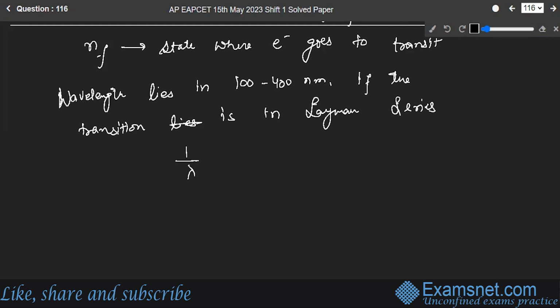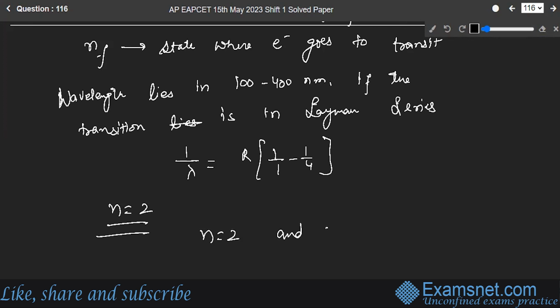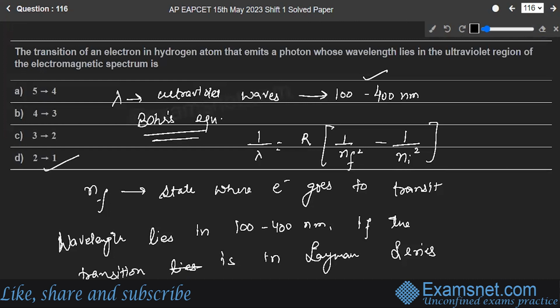So that makes 1 upon lambda is equal to R into this. So here the transition starts from n is equal to 2. So the transition will be from n is equal to 2 to n is equal to 1. That makes D option to be the correct one.